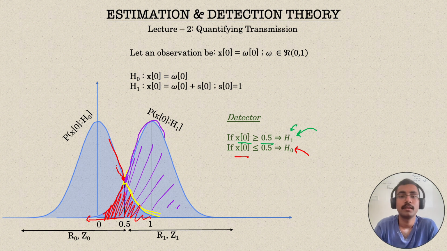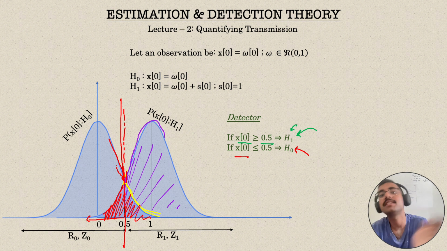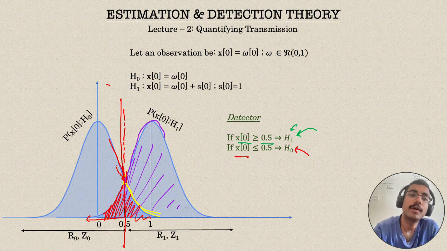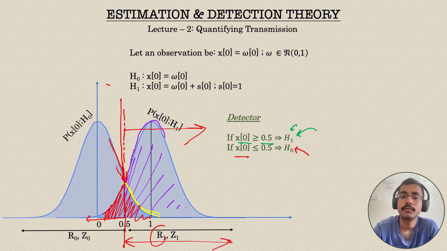Okay. So in a very simple manner, this is our decision region. We can call this our decision boundary, because this is a boundary that helps us take a decision. When the observation is greater than 0.5, this entire region comes in R1.